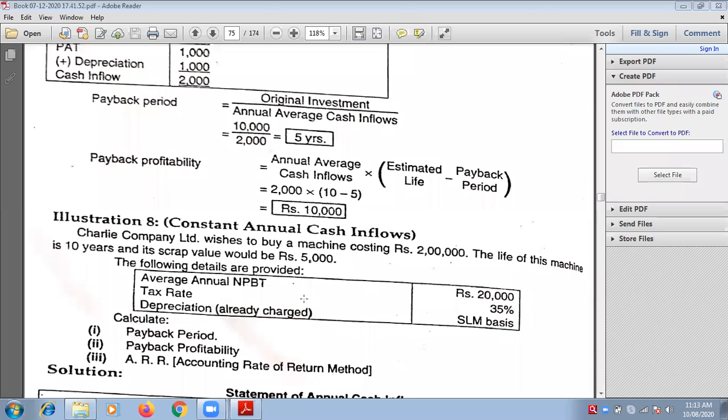Depreciation already charged SLM basis. SLM basis means straight line method. Now you know what is straight line method and what is written down value method. Okay, calculate payback period method. This is what we are going to focus on. Right now, this sum, we are going to do only payback period method. So how to do this?